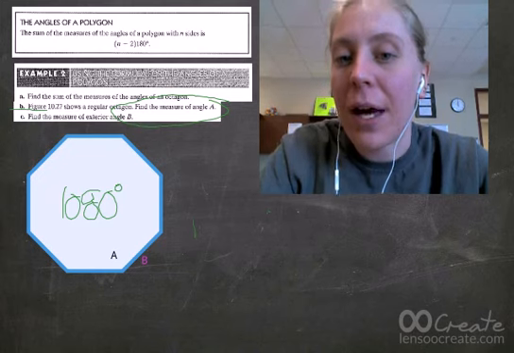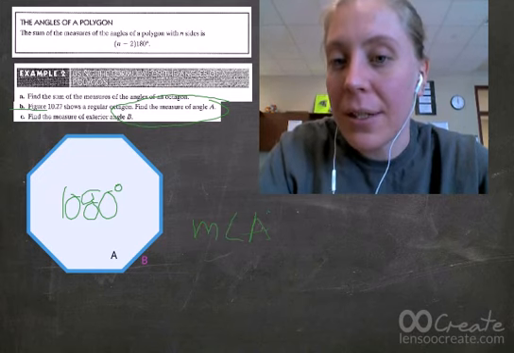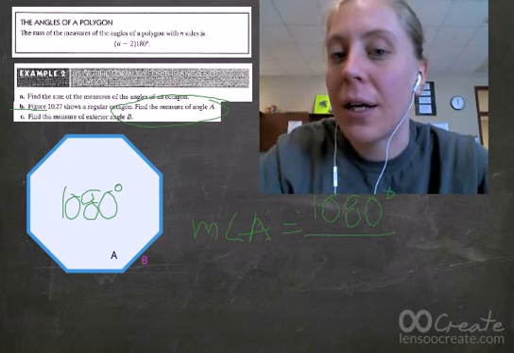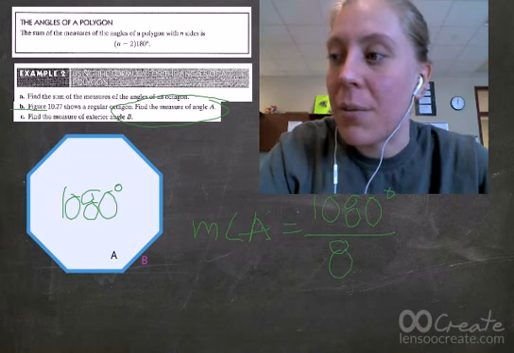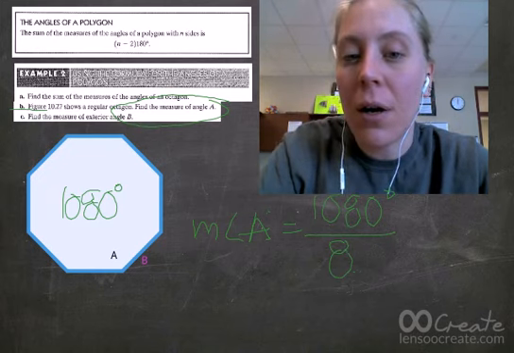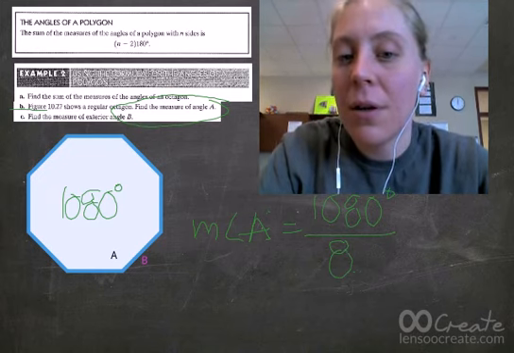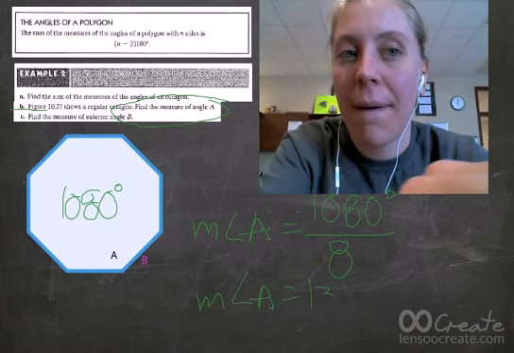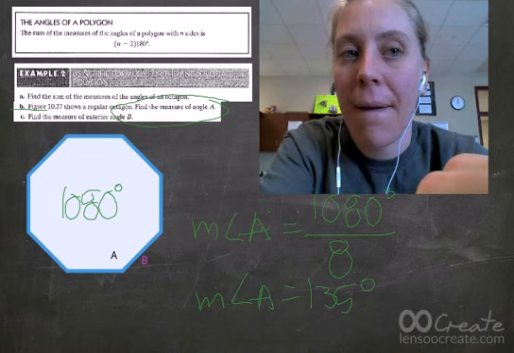So if I want to find my measure of angle A, well, I can take that 1,080 degrees and I can split it evenly over those 8 sides. That's going to give me the measure of one of those angles to be 135 degrees.